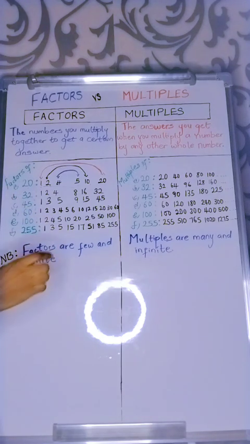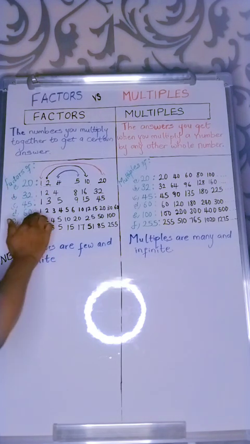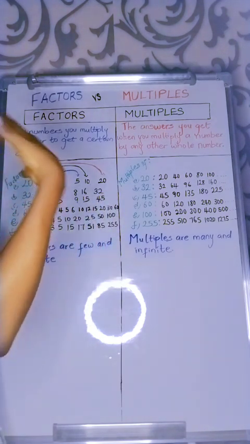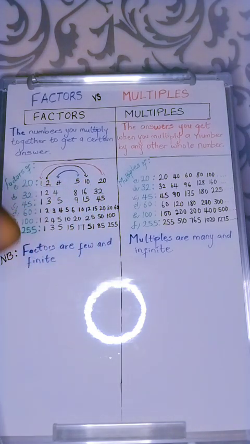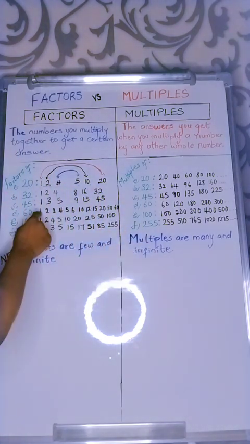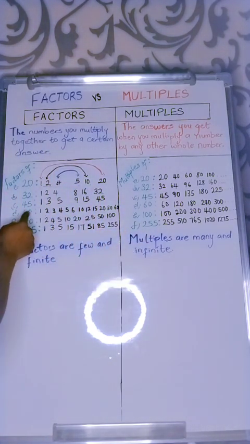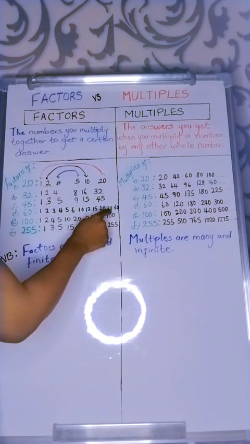Then for 60, if you notice, there are some numbers that have huge factors, like plenty, many. The first factor of 60 is 1, right? 1 times 60 is 60. 2 times 30 is also 60.